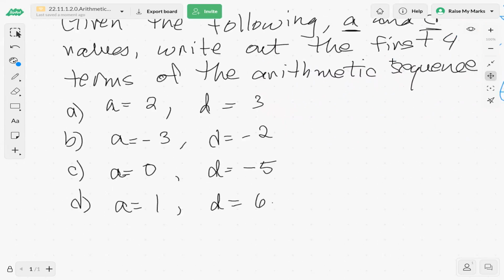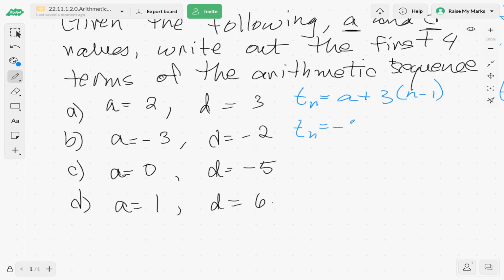We're asked to write out the first 4 terms of our arithmetic sequence. The first thing we can do is write out the general term: a plus n minus 1 times 3. Let's do that for each of our sequences.